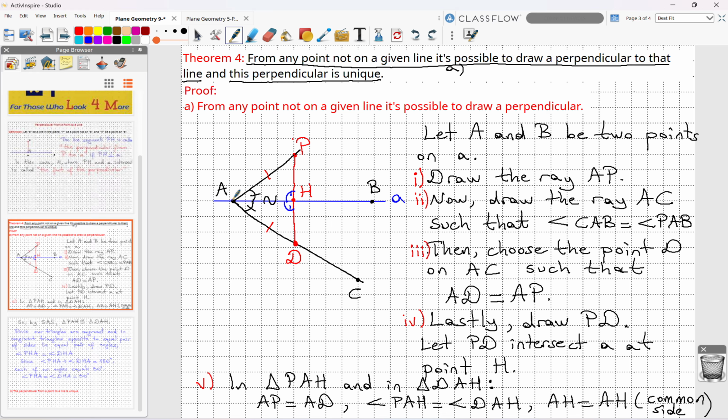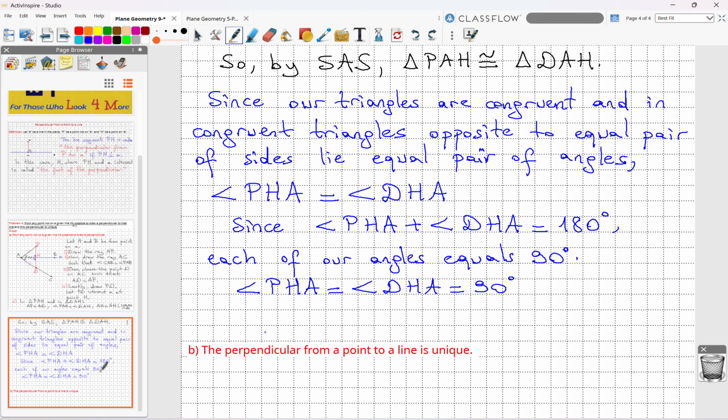If I follow these steps, in that last fourth step, when I draw PD intersecting A at point H, this PH is the perpendicular drawn from point P to the line A. We can write PH is a perpendicular, because we haven't proved yet that this perpendicular is unique. So PH is a perpendicular from P to A.